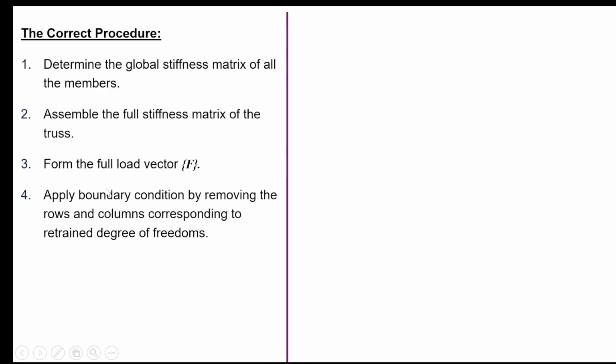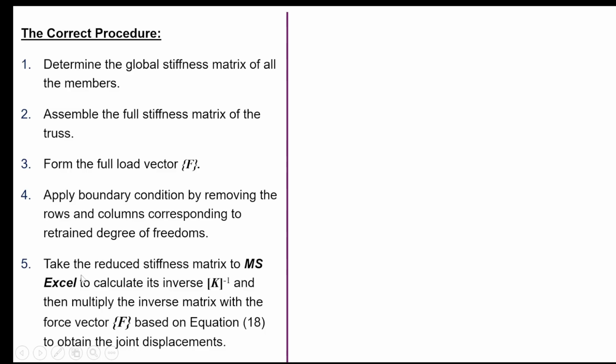Then apply boundary conditions by removing the rows and columns corresponding to the restrained degrees of freedom. We then take the reduced stiffness matrix to MS Excel to calculate its inverse and multiply the inverse with the force vector based on that equation 18.